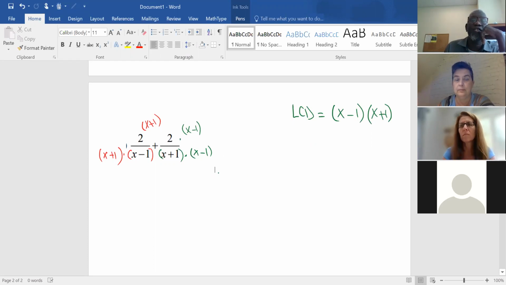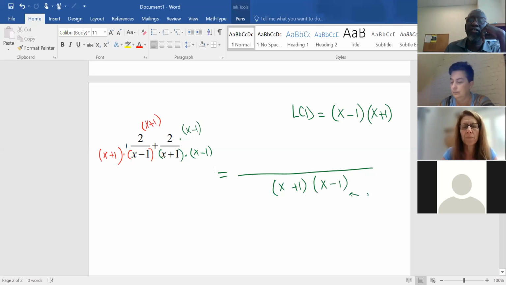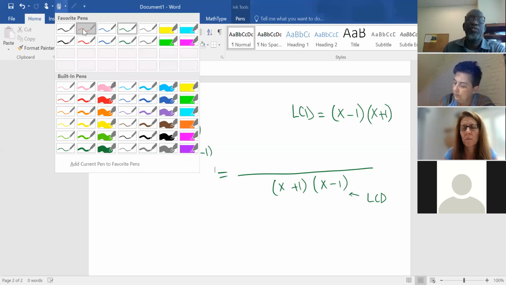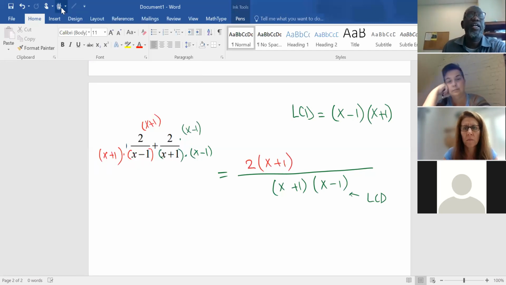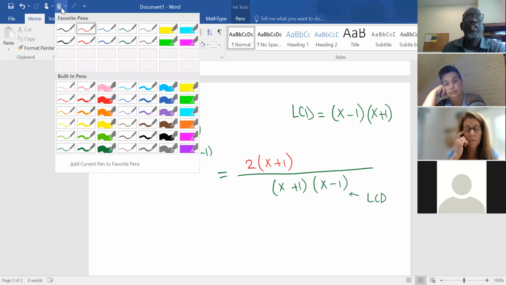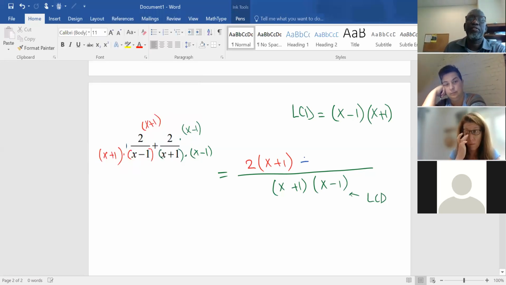So now what I got? I got a single fraction where I got x plus 1, x minus 1, which is the LCD, right? At the top, I have 2 times x plus 1, and I have plus 2 times x minus 1.